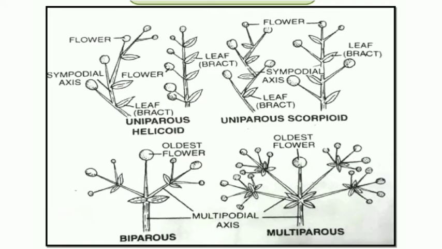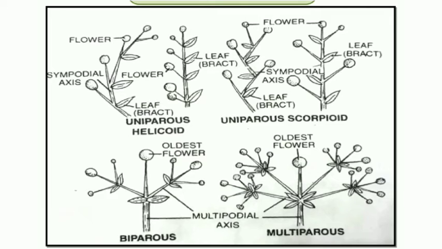Like that the cymose types conclude by Uniparous means one flower with one branch below, biparous one flower with two branches below, multiparous with more than two branches below. Like that these are the three types of cymose inflorescence.